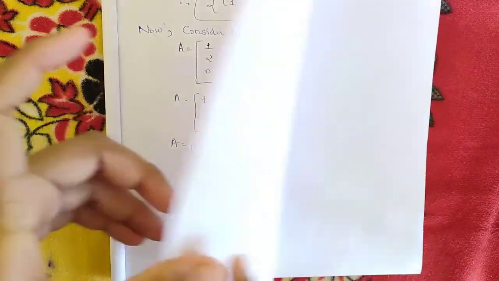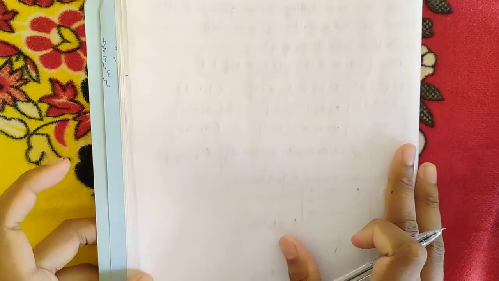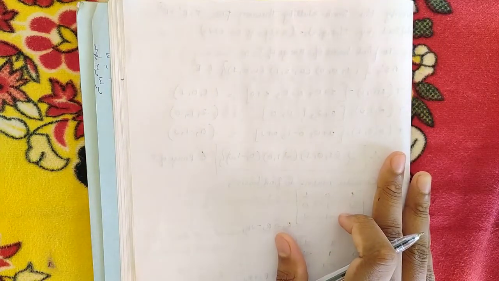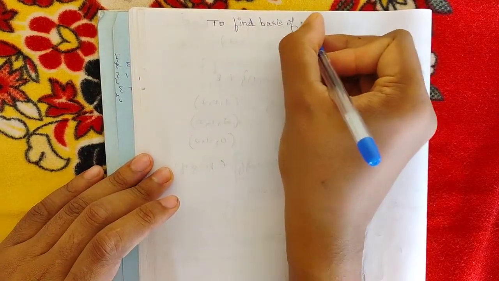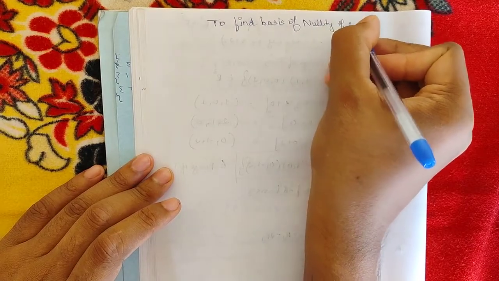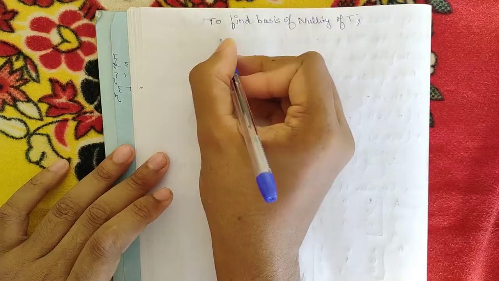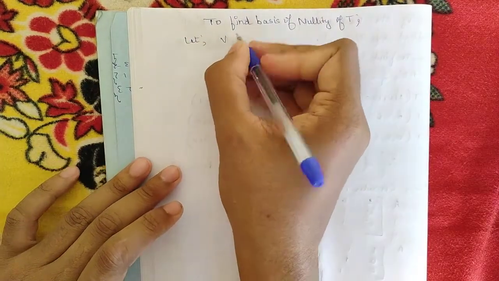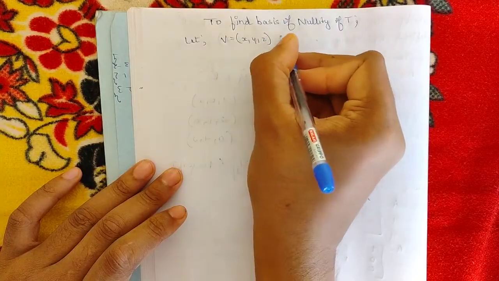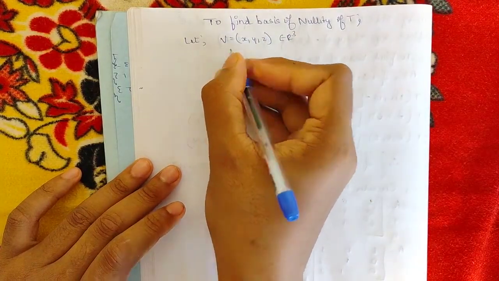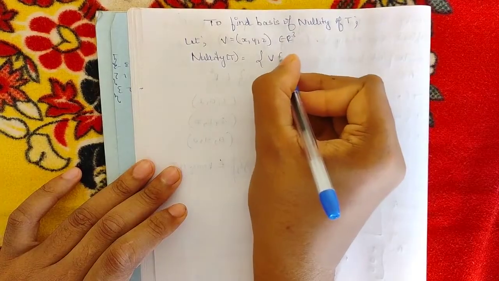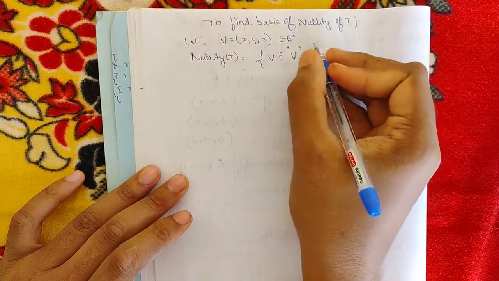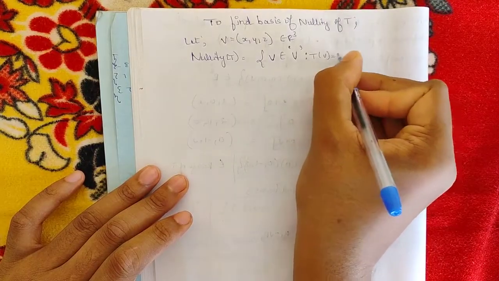Now let us solve for the nullity of T. To find the basis of the nullity of T, let V equal to x comma y comma z belong to R cube such that, just the definition you write, V belonging to the vector space V such that T of V would be equal to 0.